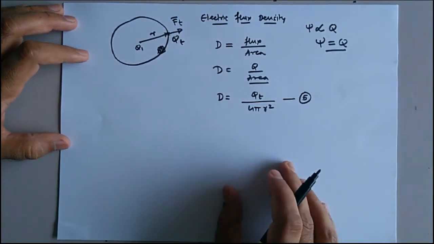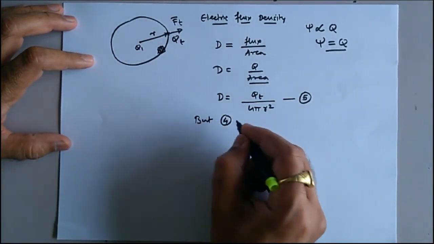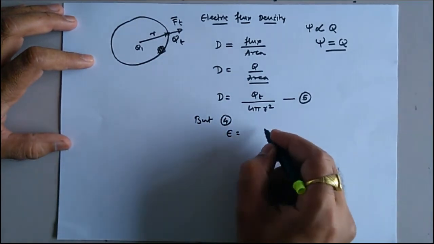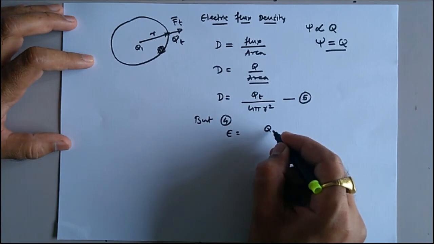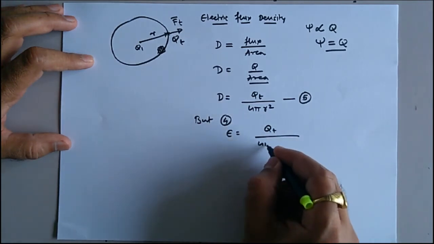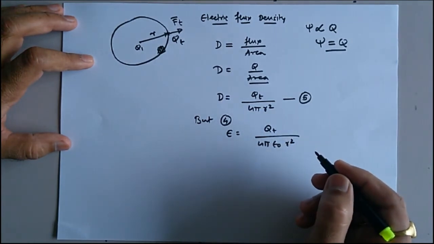But from equation number 4, we know that electric field intensity E is nothing but charge, it may be a test positive charge or a unit charge, divided by 4 pi epsilon naught multiplied by r square.